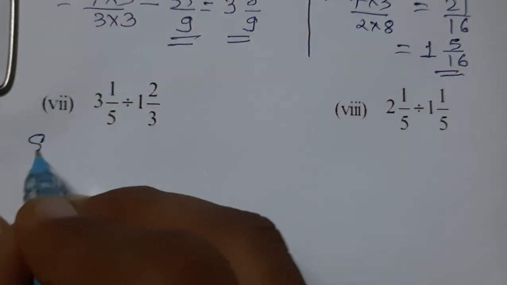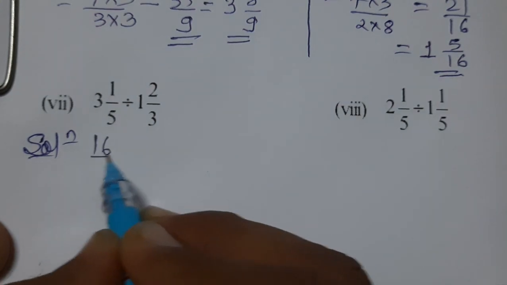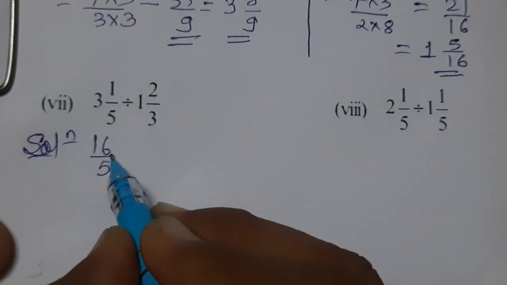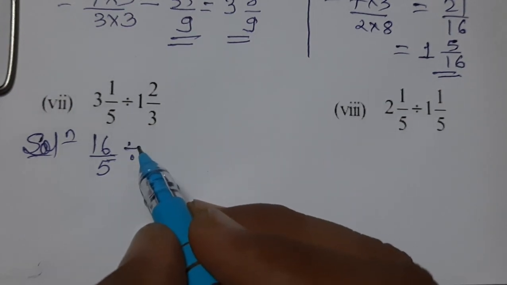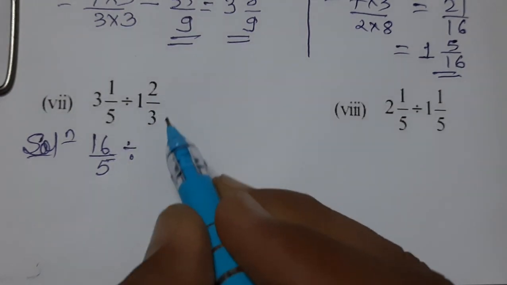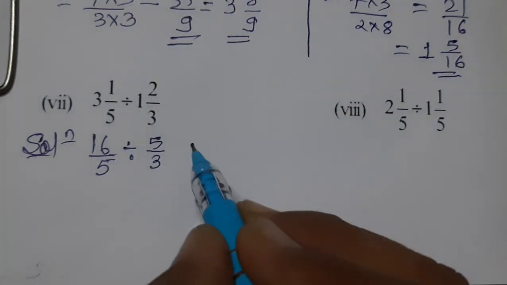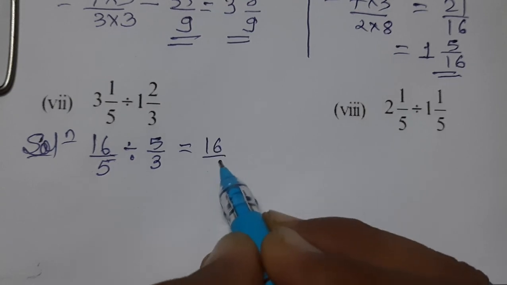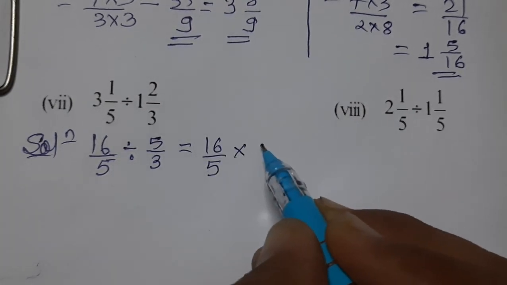Fifth solution. 5 3s are 15 plus 1, 16 by 5. Divide, both are now mixed fractions, so no problem. We'll convert mixed fraction to improper. 3 1s are 3, 3 plus 2, 5 by 3. Now what we'll do? Divide is changed to multiplication and we'll take reciprocal of 5 by 3.